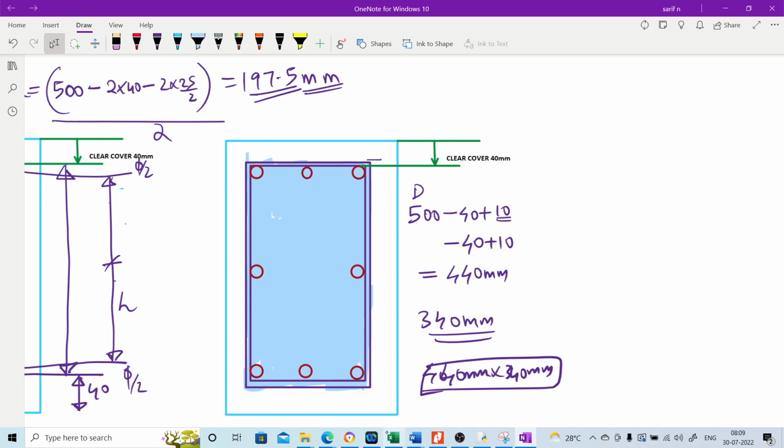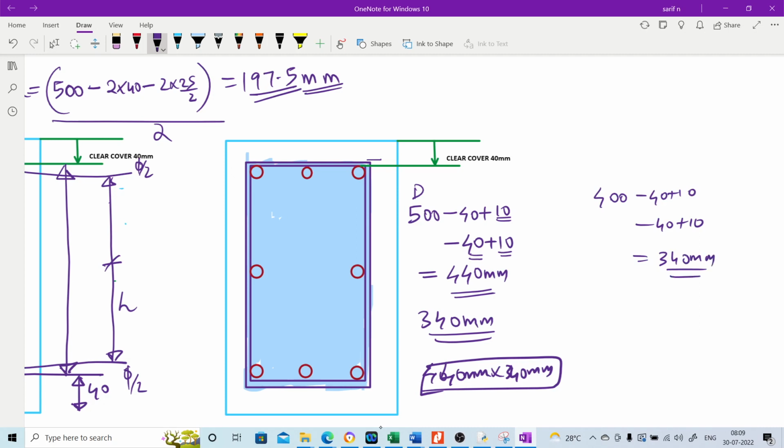Again from the other side, from the bottom also, we will subtract one clear cover, so we will reach the outer of the longitudinal bar. Now we will add one stirrup, we will come to the outer of the stirrup, so that will be the core. So the dimension of the core in one direction will be 440 mm. Similarly in the other direction also, 400 minus 40 plus 10 minus 40 plus 10, we will get 340 mm as the other dimension of the core.